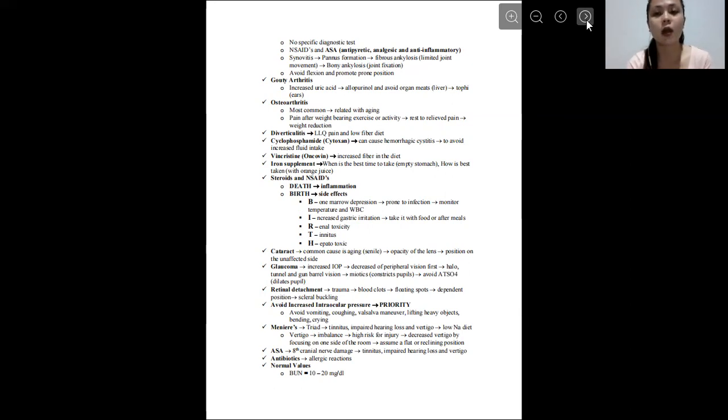It mainly attacks our joints. There is no specific diagnostic test for this. NSAIDs and ASA, which are antipyretic, analgesic, and anti-inflammatory, are given to manage the symptoms of rheumatoid arthritis.